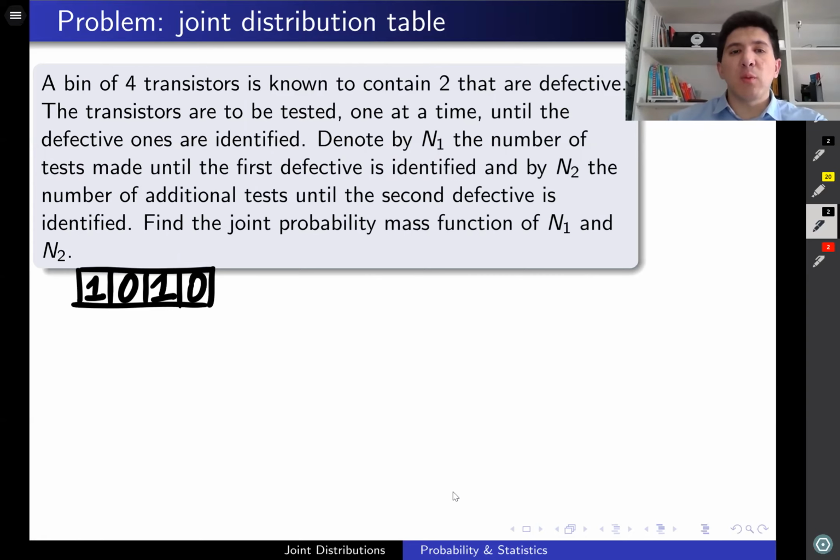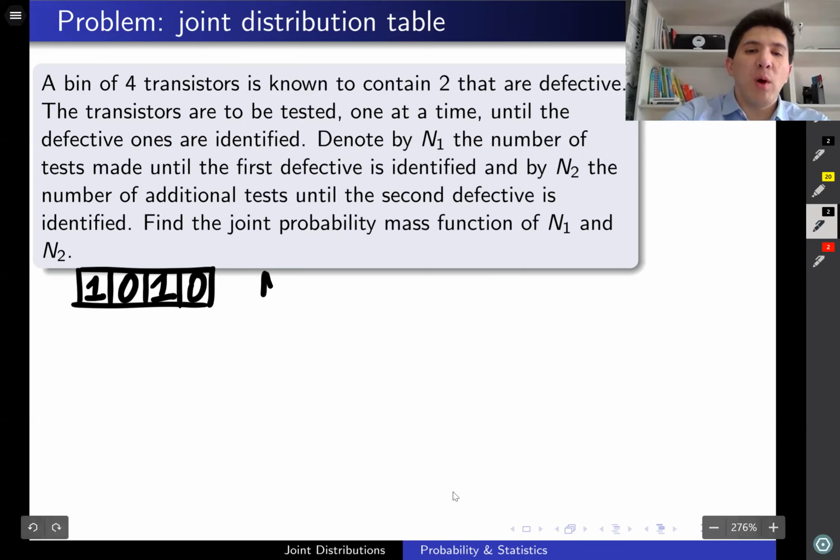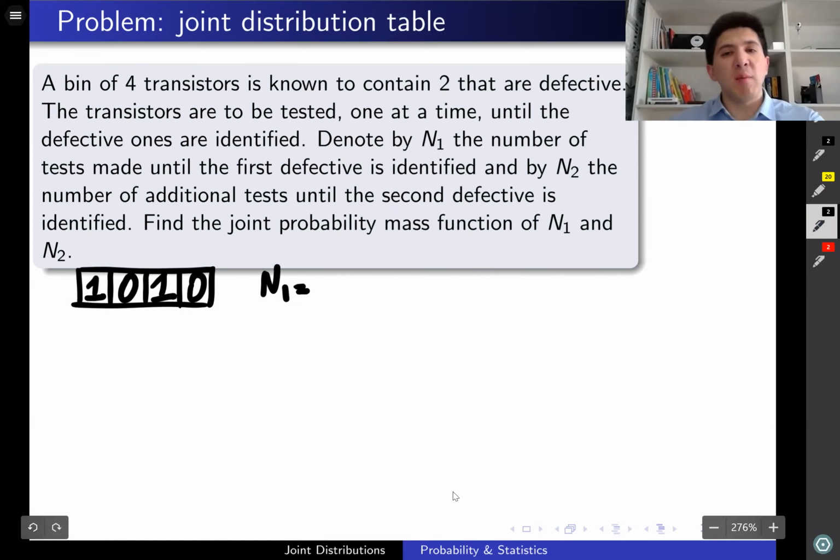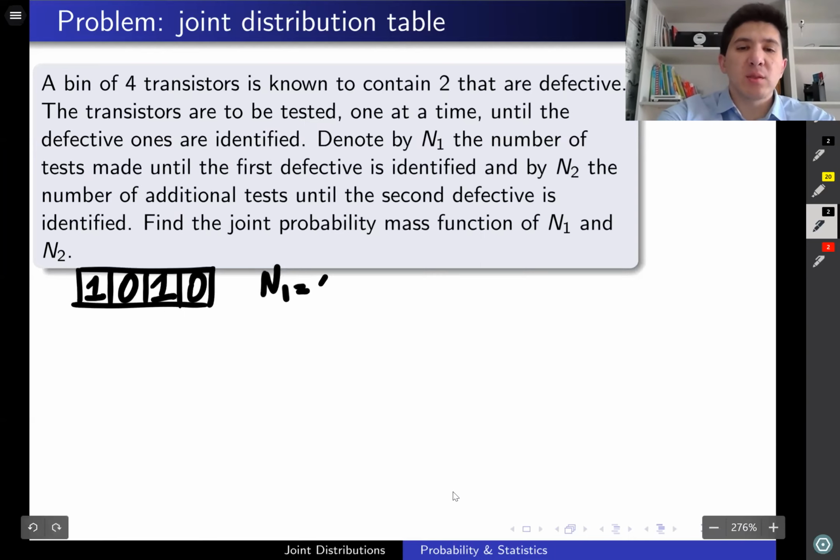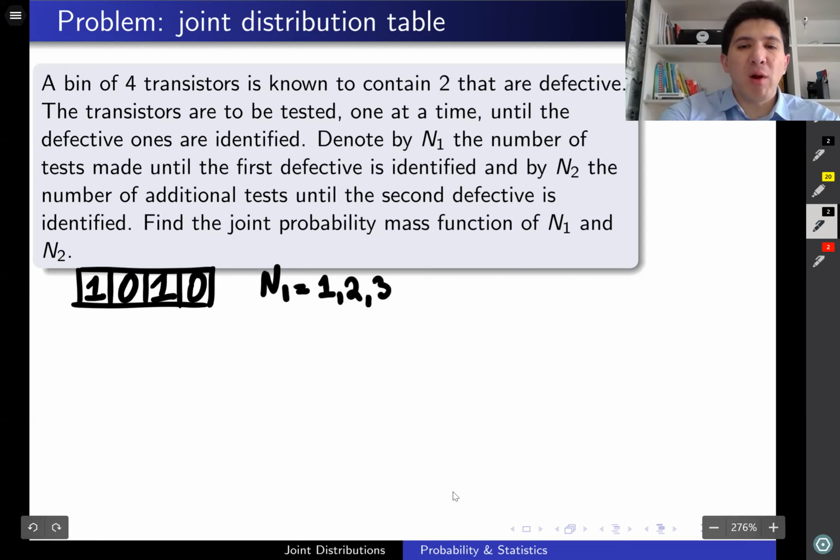Now let's consider what kind of values N1 and N2 can take. N1 is the number of trials until we choose the first defective transistor, right? We know that there are 2 non-defective and 2 defective. So N1 can take the values 1, 2, 3. Can it take 4?